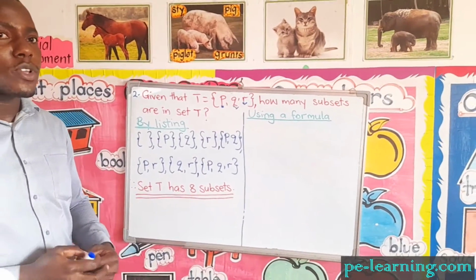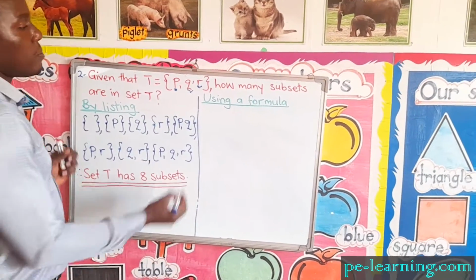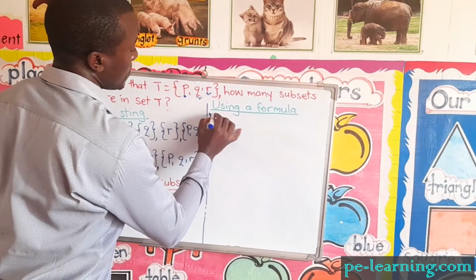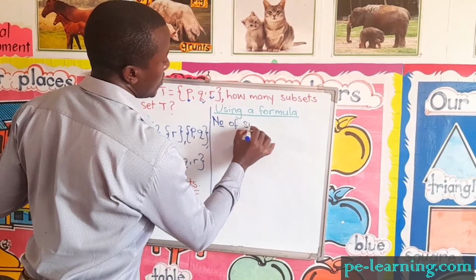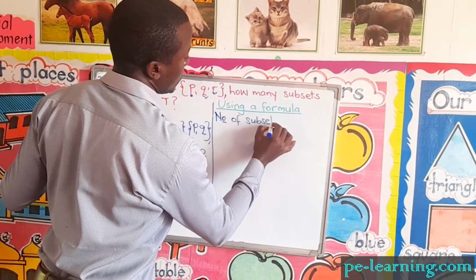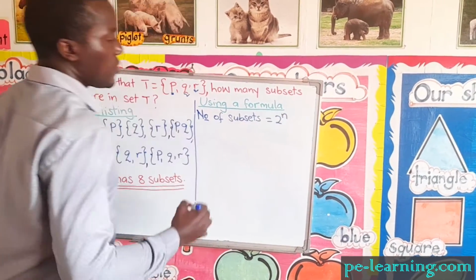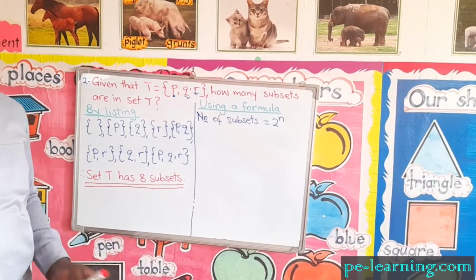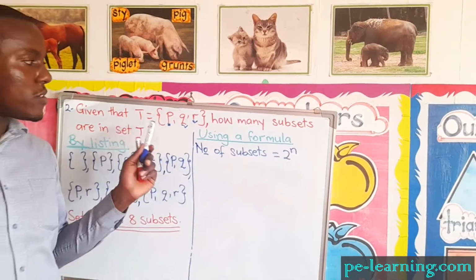I've already told you the formula for finding the number of subsets. Number of subsets is equal to 2 to the power n, and I said n represents the number of elements in the given set.